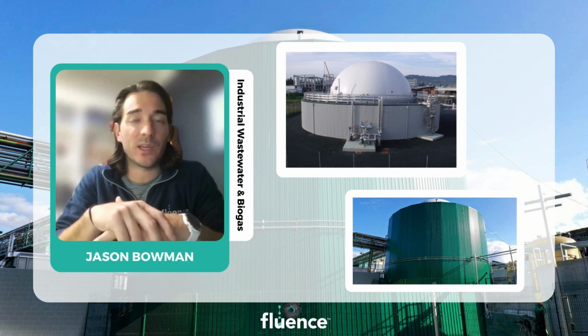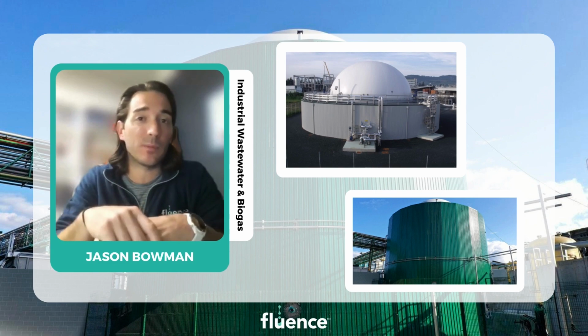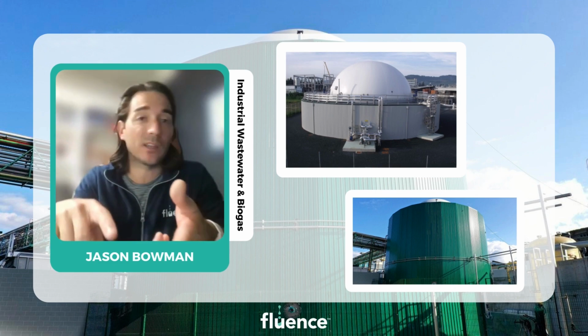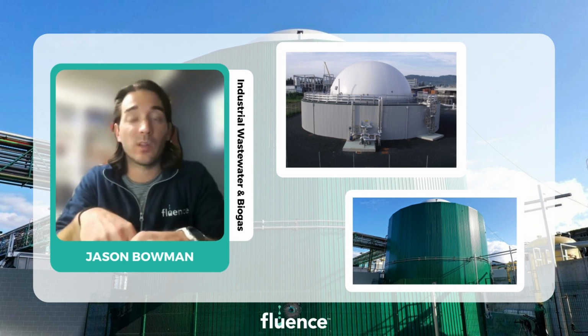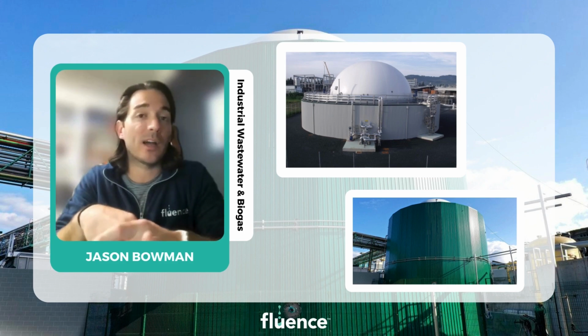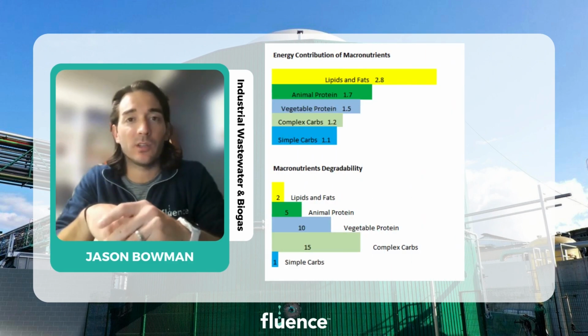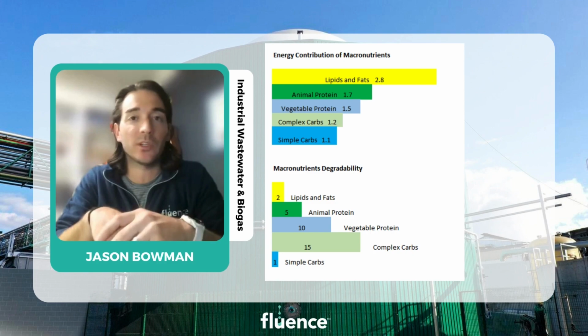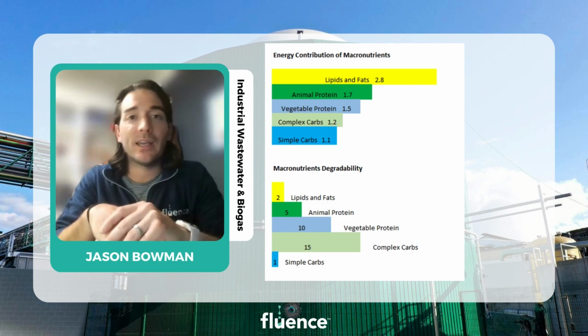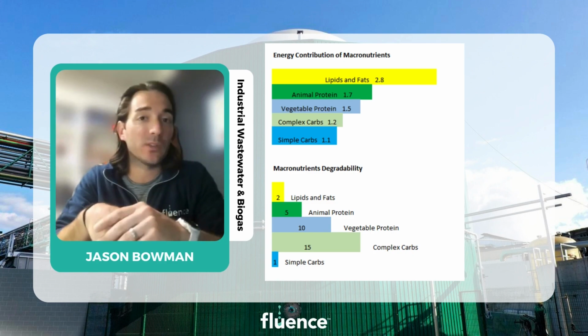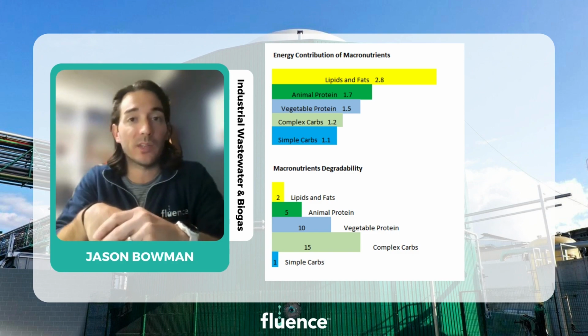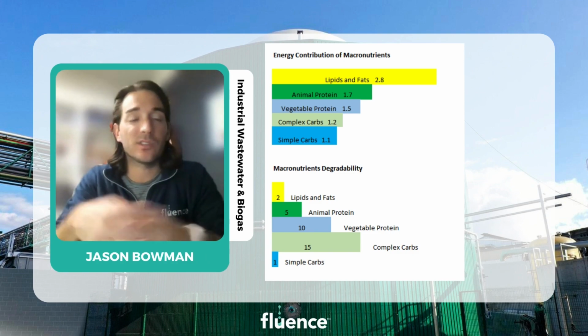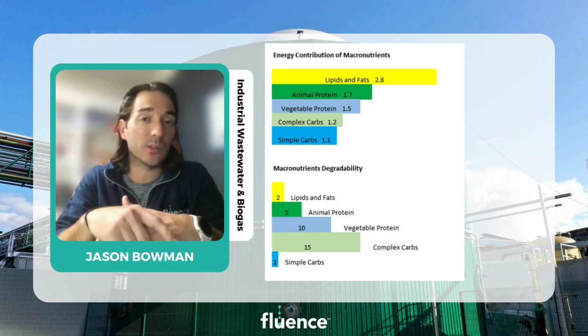Different compositions may have different carbon bonds, and these carbon bonds may take longer to break down, they may take less time to break down, or they may be structured in a way that they have a very high calorie content. So this chart here does a pretty good job of explaining the difference between types of wastes, and we've broken it down into 6 categories here, and the degradability time that is required based on the structure of the waste. So this is loosely referred to as biodegradability.